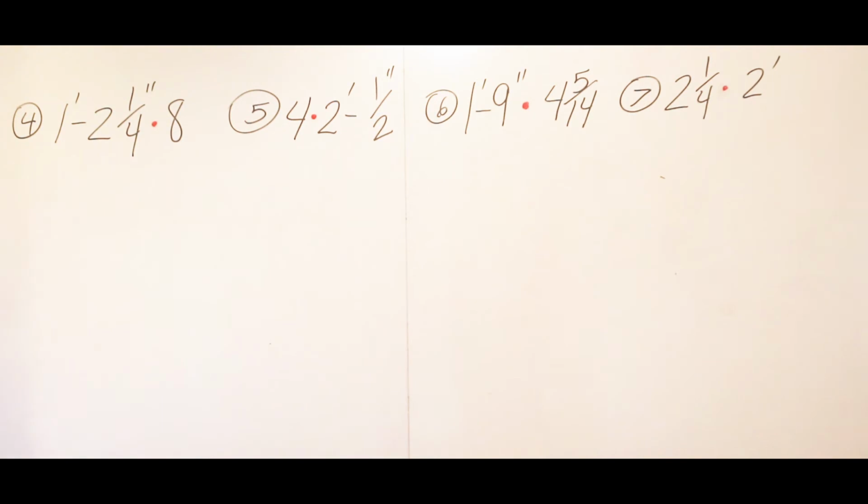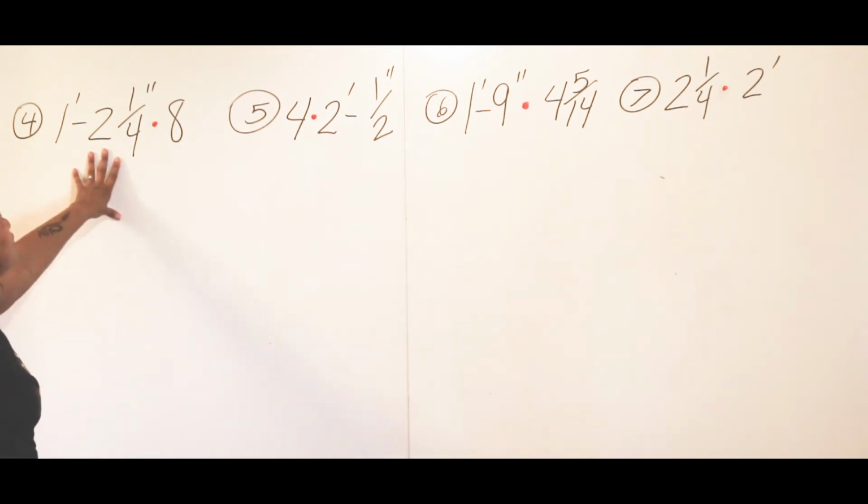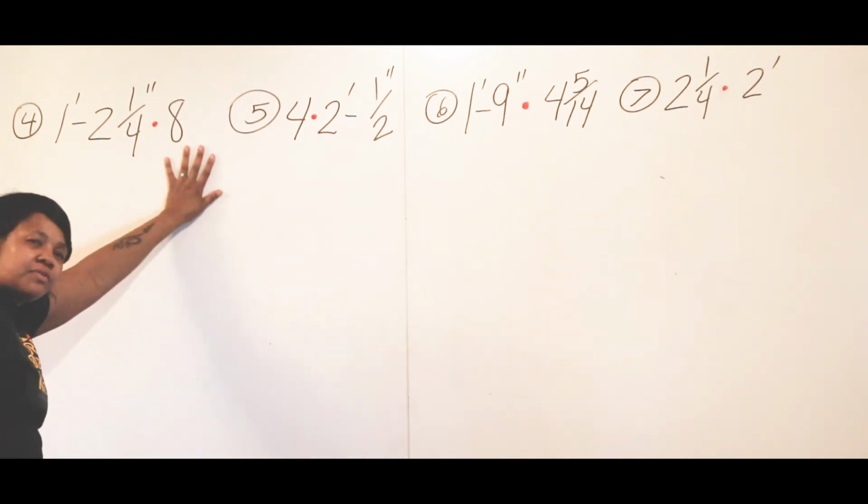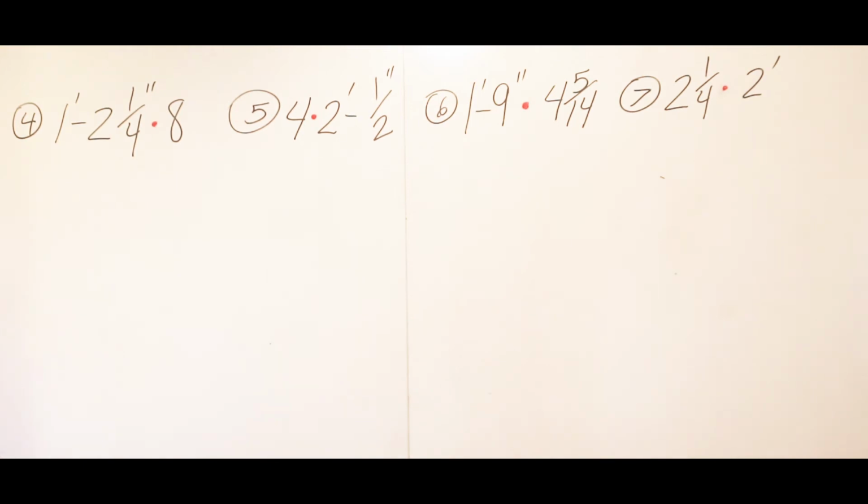So let's get started. For number 4, we got 1 foot 2 1/4 inches, and we got times 8. I know because there's a fraction involved, anytime there's a fraction on one side of that multiplication symbol, that means that number on the other side has to be a fraction. All right, so first thing, we know what this feet is, we have to do what with it?